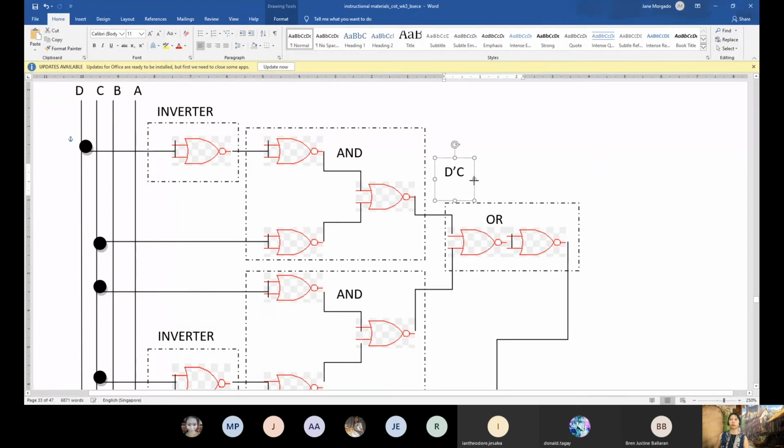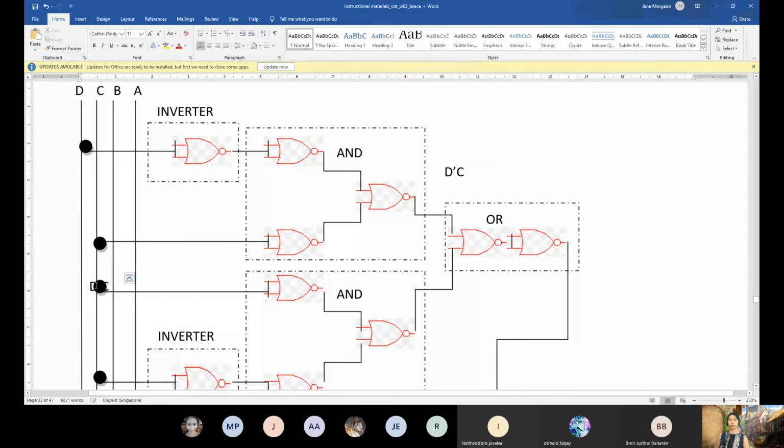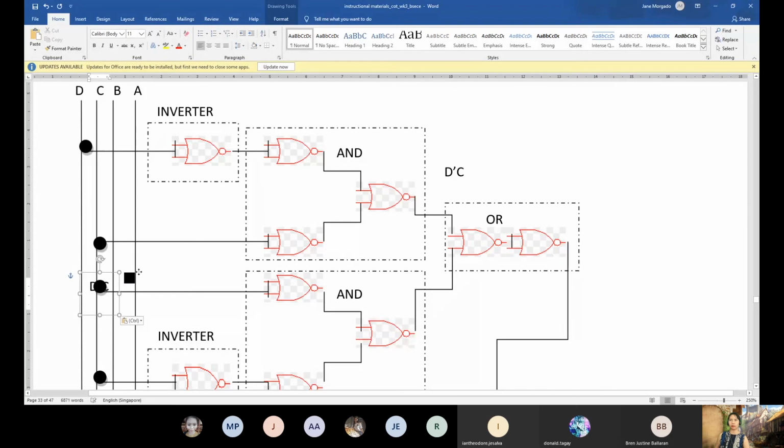At first glance it's tedious, but if you only have one IC configuration to memorize, it becomes easier.